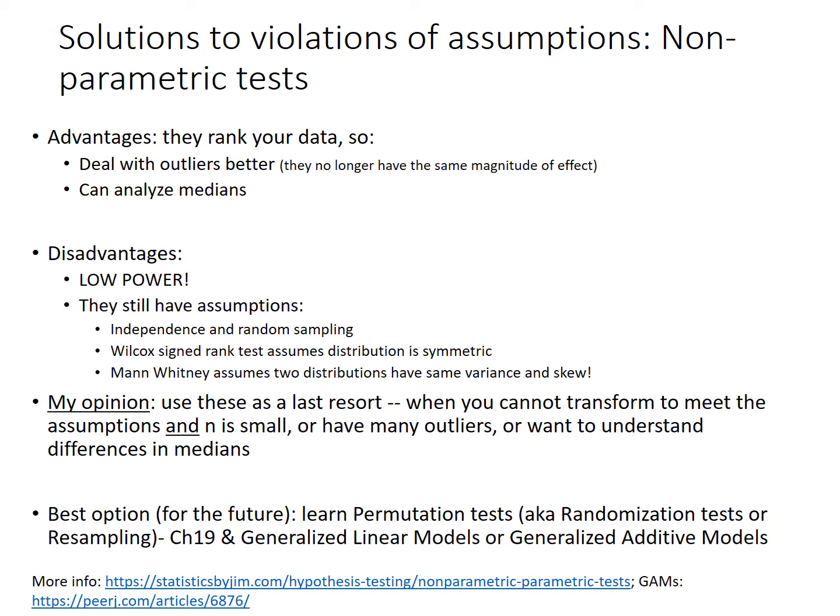And then another advantage is in some cases, you might want to use non-parametric because you're more interested in the medians than you are necessarily the means. So that might be another approach where non-parametric makes more sense. Now, the bad part, they're traditionally low power, okay, compared to their parametric equivalents.